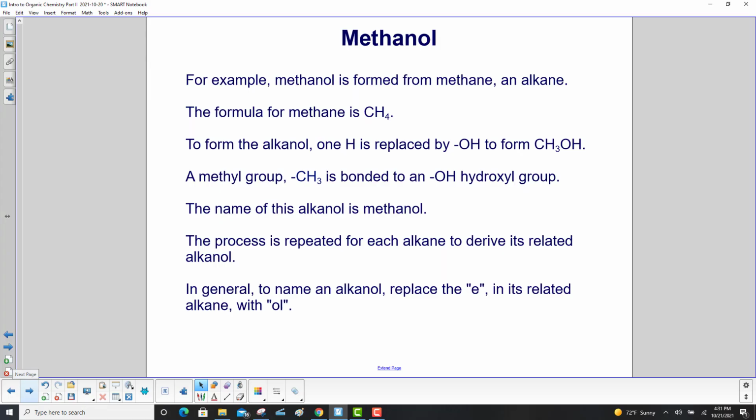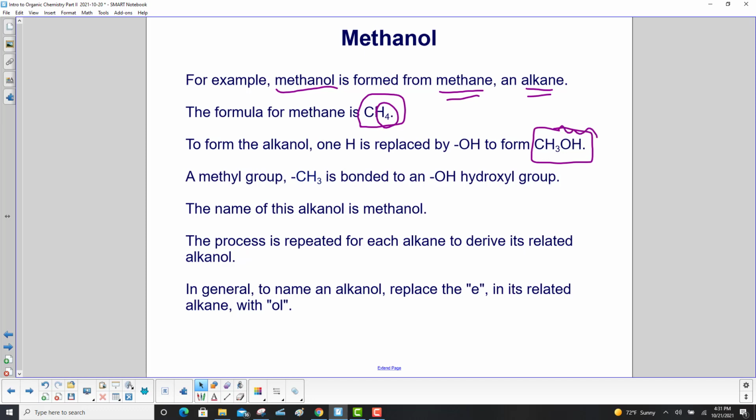Okay, clearly we have to show an example of that previous slide. So we're going to use methanol, which is formed from methane, which is an alkane. Methane is CH4. To form the alkanol, one H is replaced by OH. So what does that give us? That gives us CH3OH, right? We had 4 here, so we got rid of one of those hydrogens, but right away replaced it with the OH.